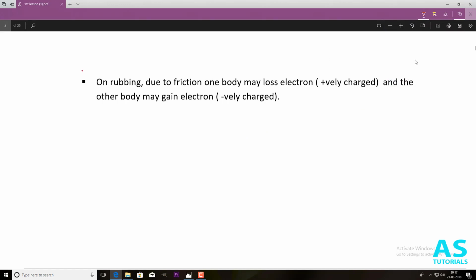In the next case we have, on rubbing, due to friction, one body may lose electrons, and if it is losing electrons, this should be positively charged, and the other body may gain electrons, and it should become negatively charged.